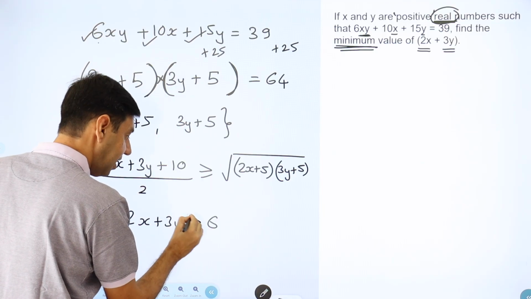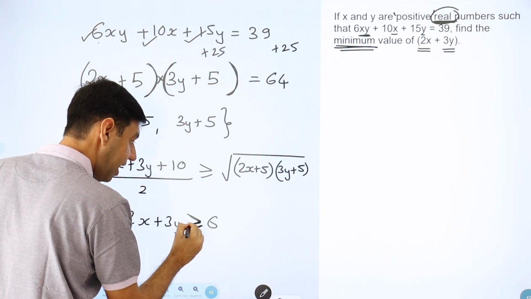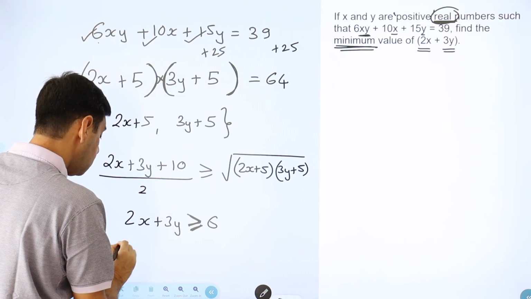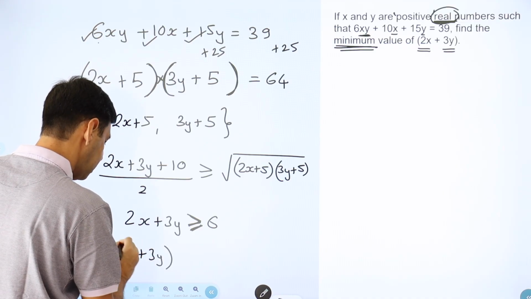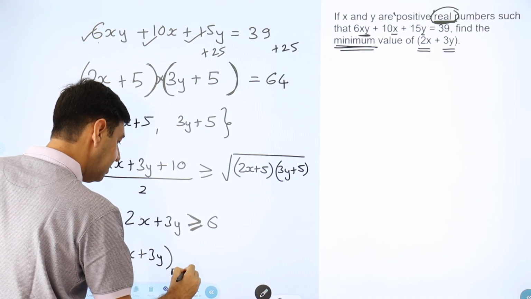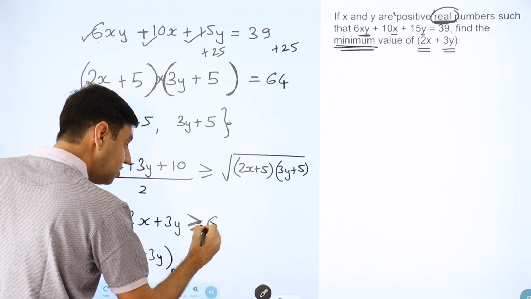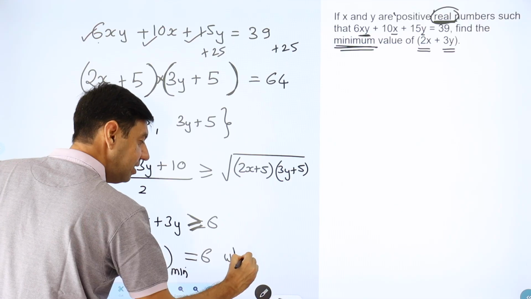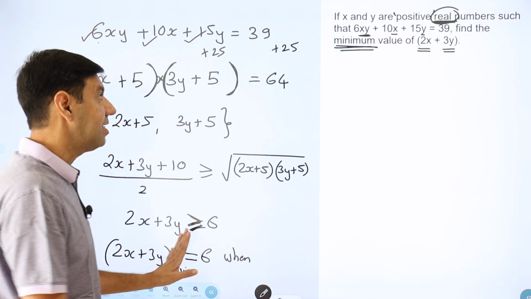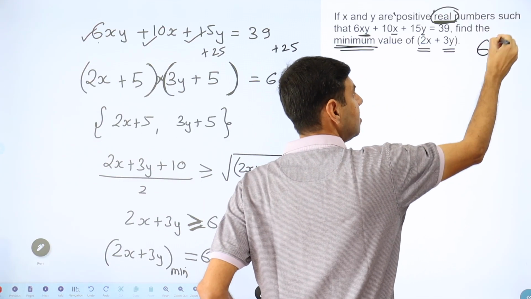And remember, this is an inequality. It could also be equal to 6. So the minimum value of the expression is the one where we use the equality. So the answer is done, students. The minimum value of this is 6.